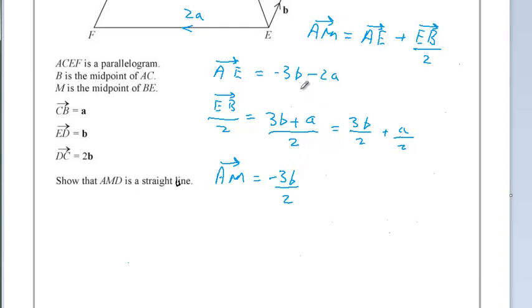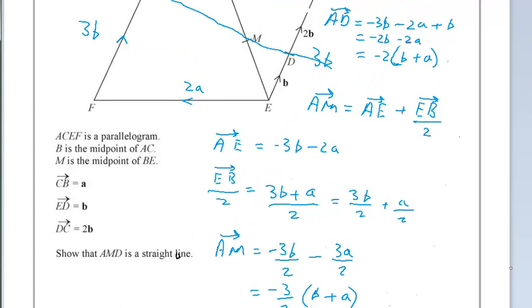And this bit here is minus 2a plus a over 2, so minus 2 plus a half is going to be minus 3a over 2. Take out the common factor, minus 3 over 2, which will leave us with b plus a.